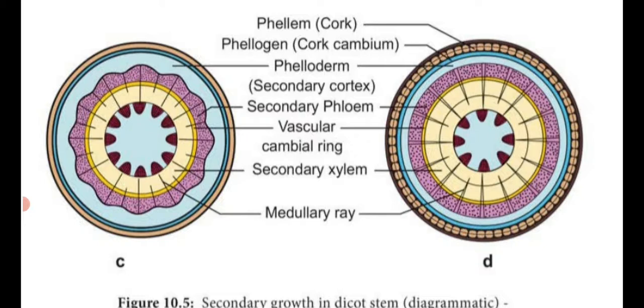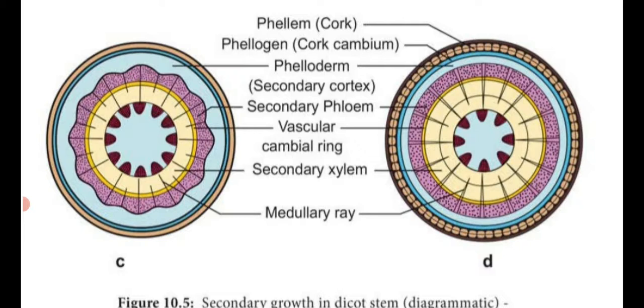Then outer to the primary xylem and primary phloem, they are forming. On the outer side, which is pink in color, is secondary phloem. On the inner side, that is light yellow in color, they are forming the secondary xylem.